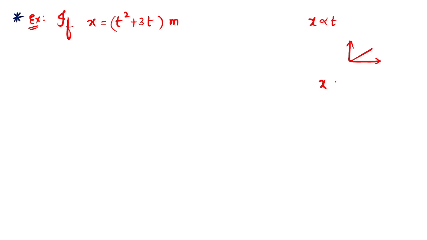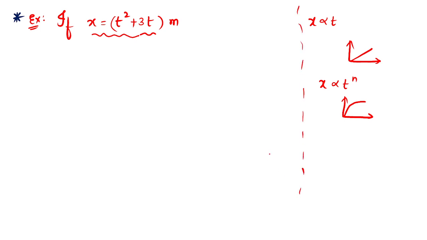If x is directly proportional to t power n, the graph will be a little curved. So indirectly you are dealing with curvilinear motion. Here x is equal to t square plus 3t, it is a function of t. So that person is not at all moving with a linear motion, but instead he is moving with curvilinear motion. So all the questions are mostly curvilinear questions only.